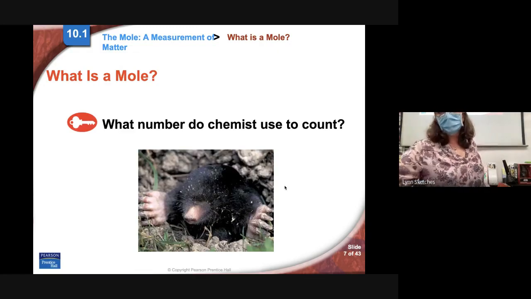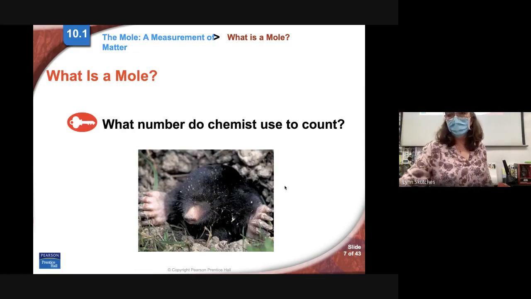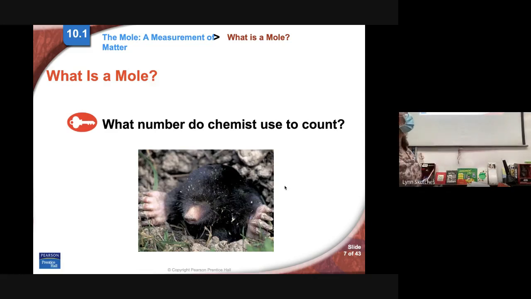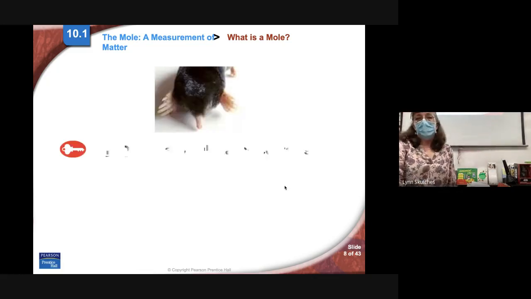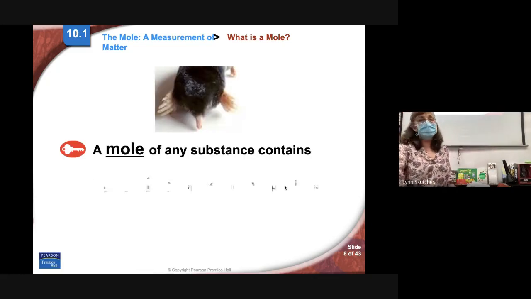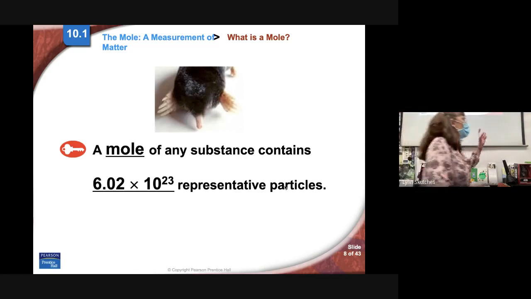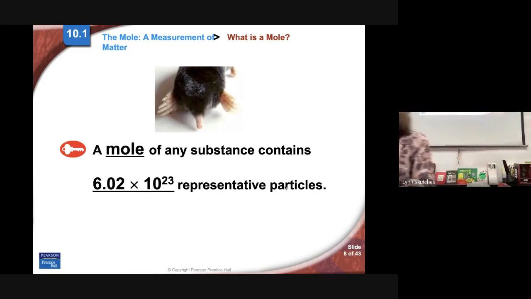But of course, we're not talking about dozens and baker's dozens and donuts and stuff like that. Darn. We're talking about moles. And of course, a mole for a chemist is the amount of substance that is 6.02 times 10 to the 23rd particles. Could be atoms, molecules, ions, or formula units.